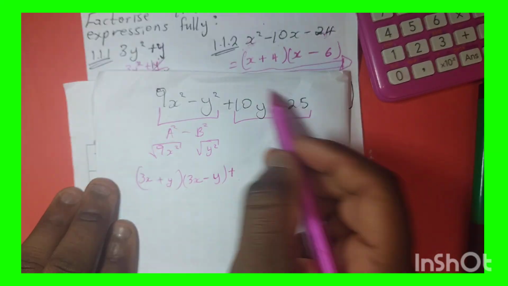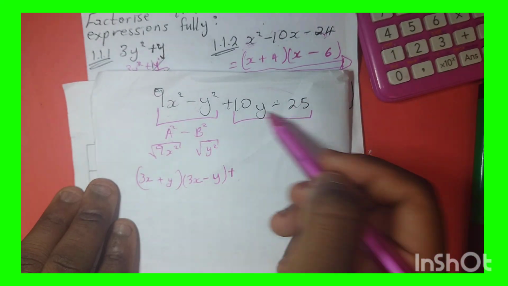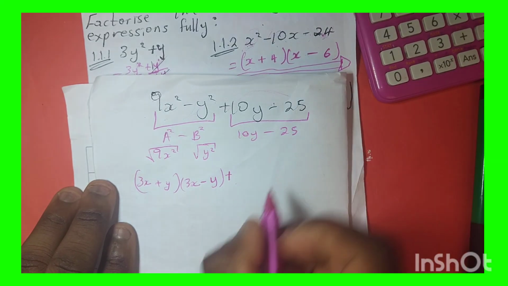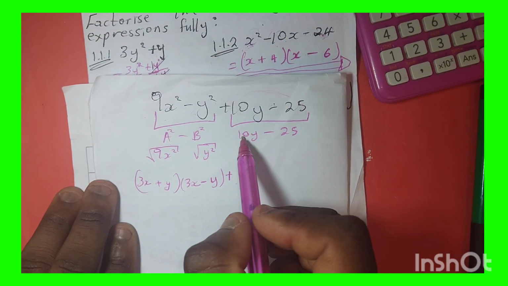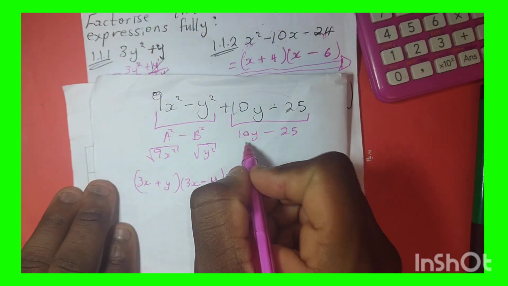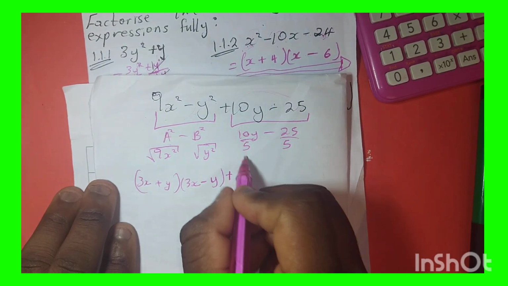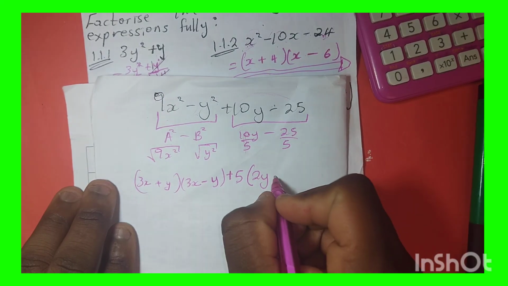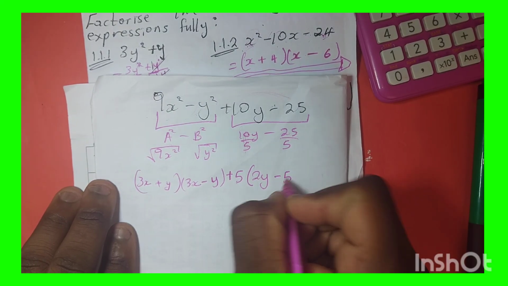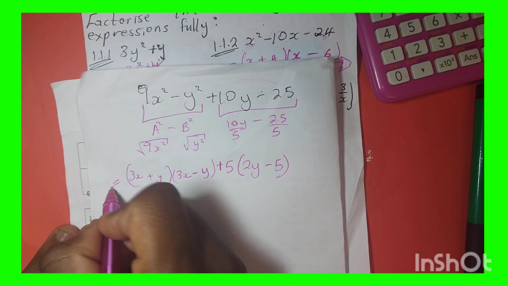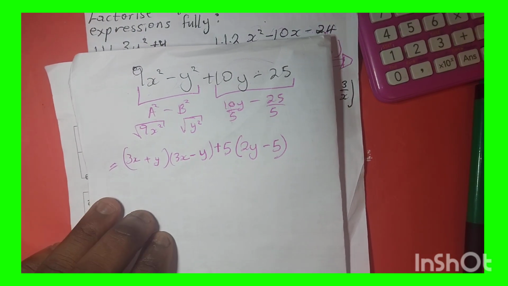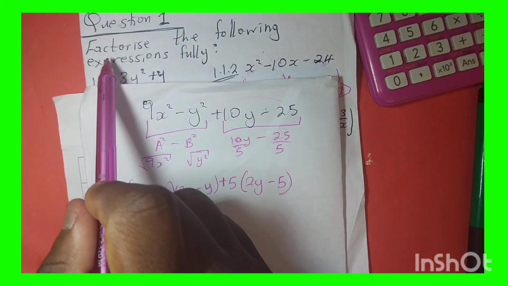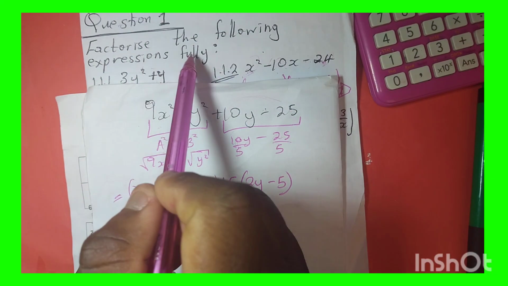But for this one, guys, we have a common factor here, meaning this is how I can take a common factor. I will check the biggest number that I can divide both terms by. That biggest number is 5, meaning 5 is your common factor. If you group it like this, you didn't factorize fully, because the question says to factorize the following expression fully.